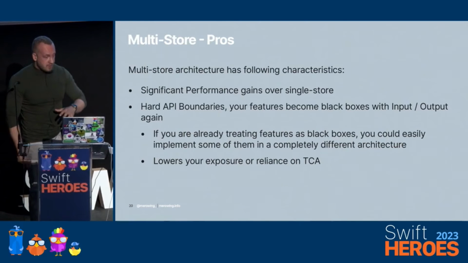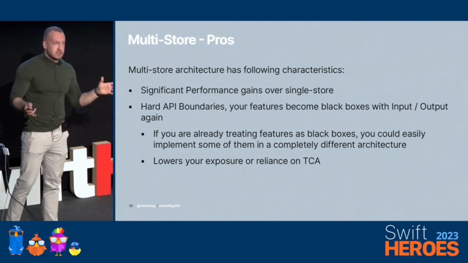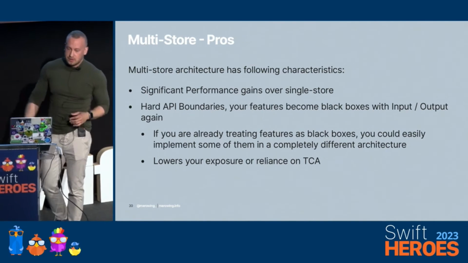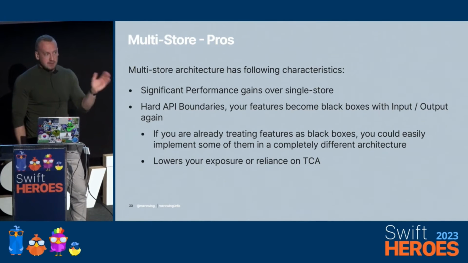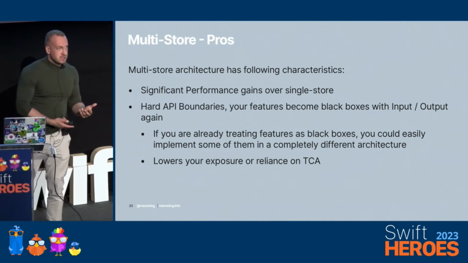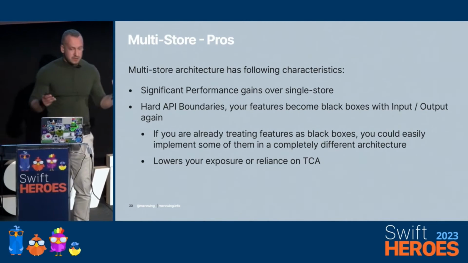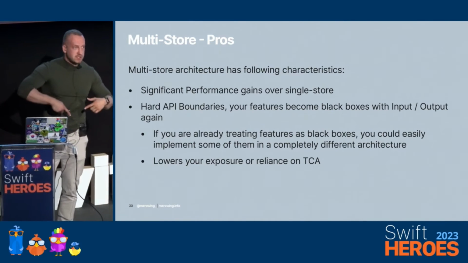Other than performance, I showed you how you can do conventions with single-store vanilla TCA, with lint and all this stuff. If you do multi-store, you can actually make your features fully black-boxed: inputs and outputs. Your feature only exposes the interface for configuring it and then getting a delegate back. And you can still implement those features with TCA, right? With multi-store, you can have a separate store for each feature, and you connect it through normal dependency injection.